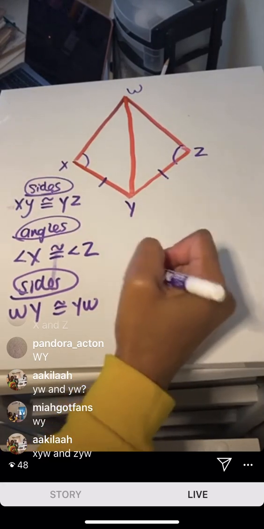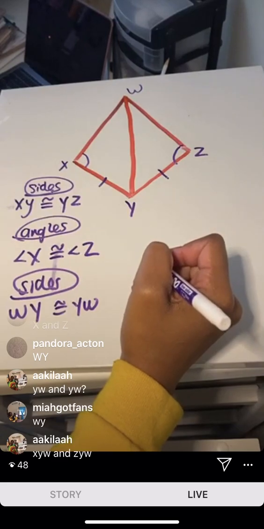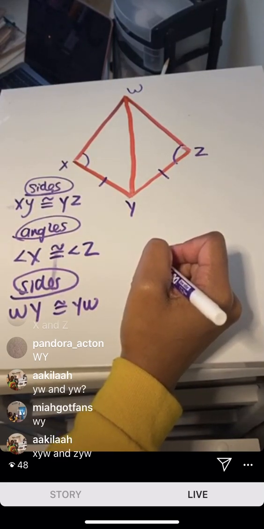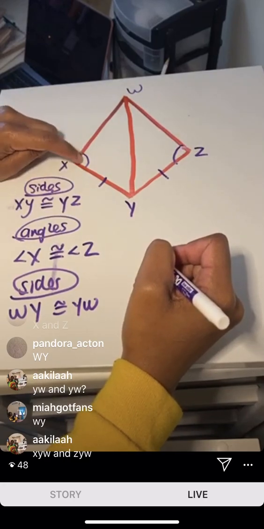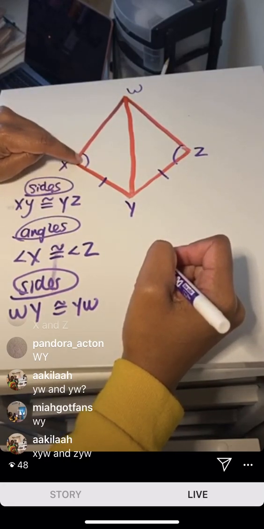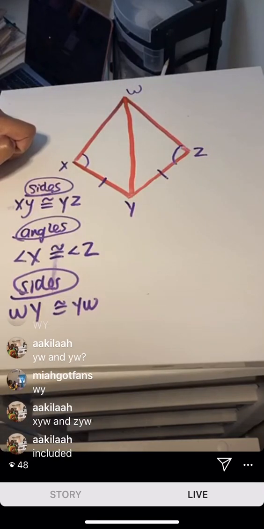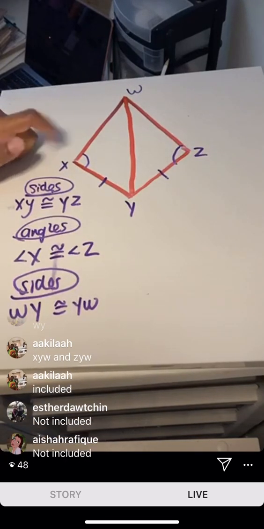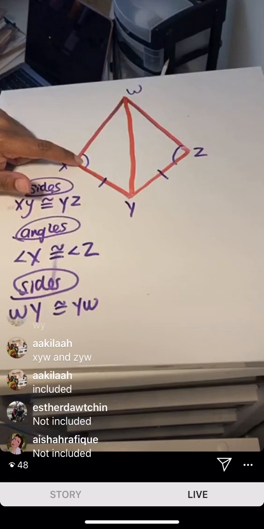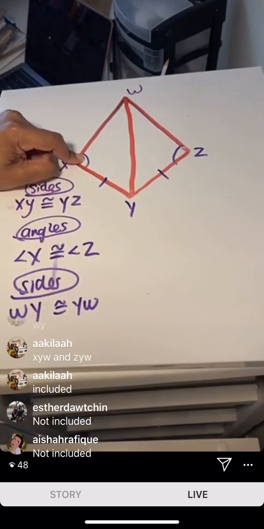Now remember, I told you guys, you have to read it in order. So what type of angle is this? Is this angle included or not included? Is this angle between two congruent sides or not between two congruent sides?